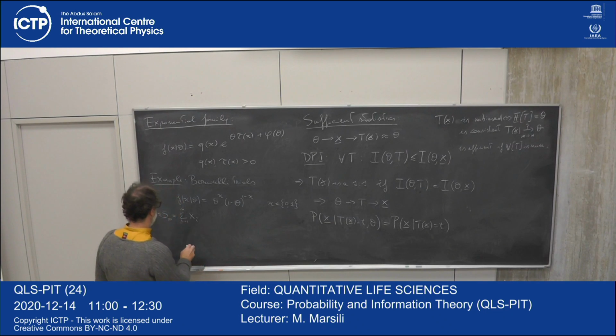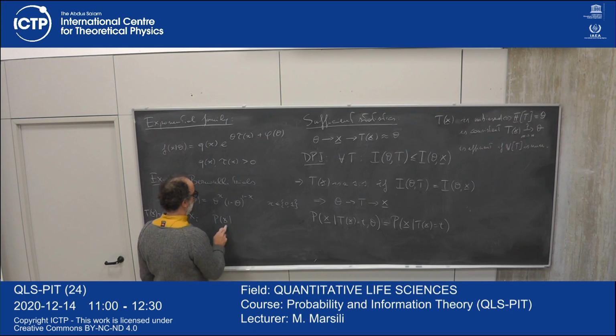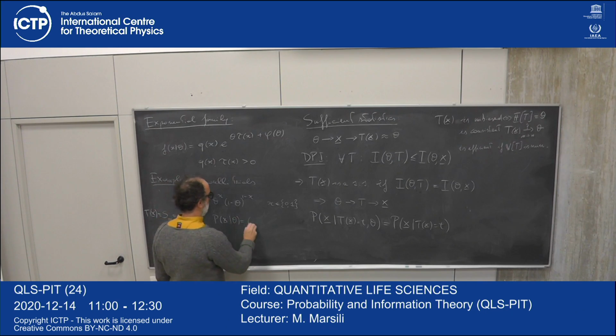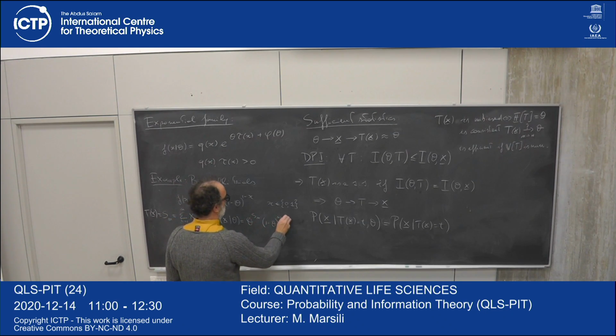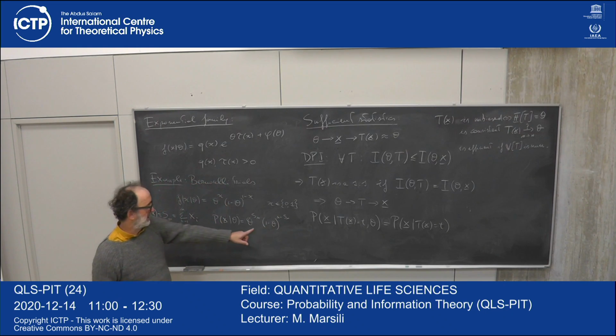The probability of a sample given theta is just theta to the S_n times 1 minus theta to the n minus S_n. This you get quite easily because it's just the product of this.